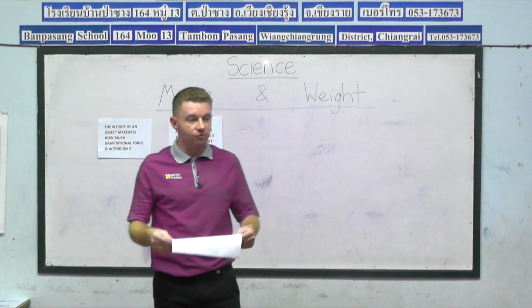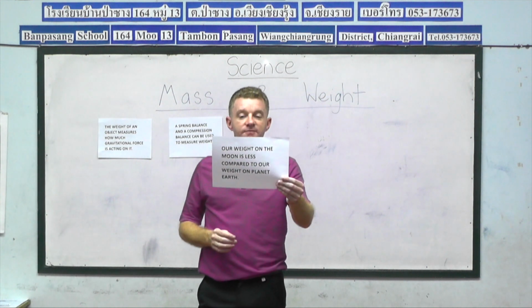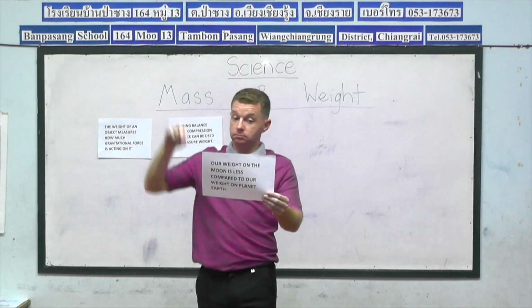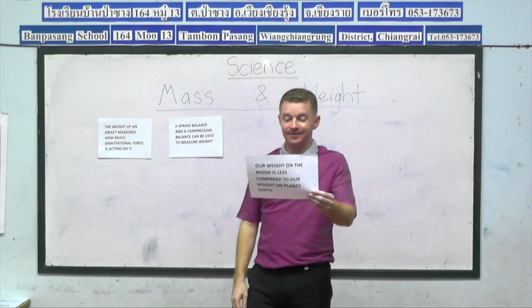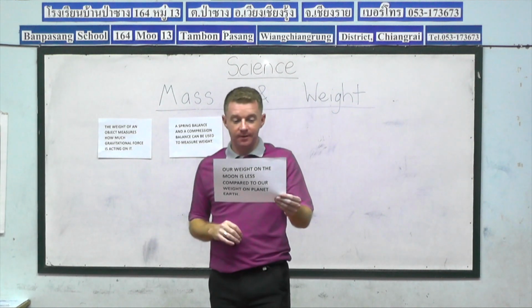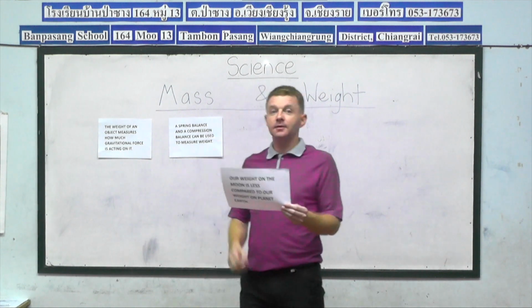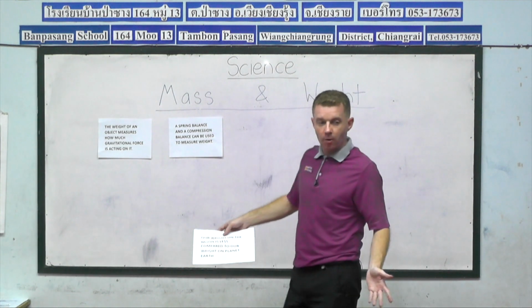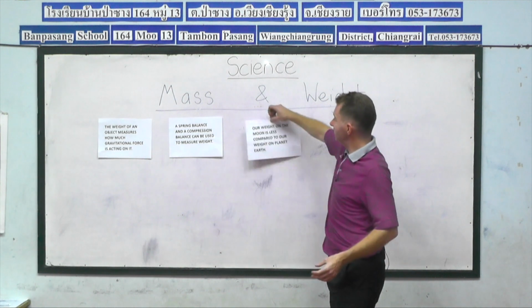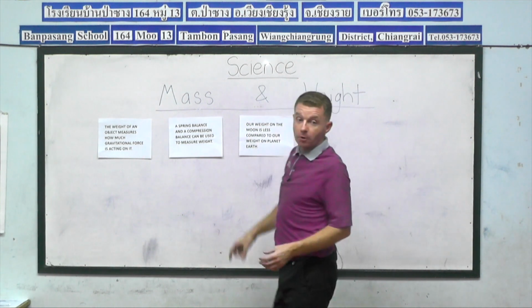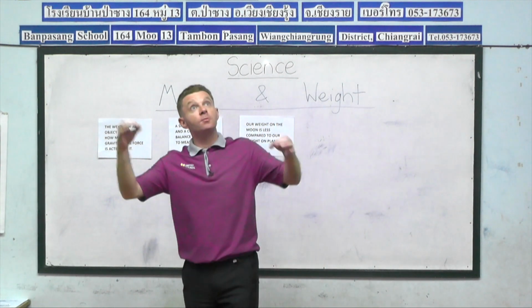The next sentence you might get: our weight on the moon is less compared to our weight on planet Earth. Yes, that's why we can stand here on planet Earth, but we cannot do this on the moon. If we were on the moon having this lesson, we would all be floating in the air.